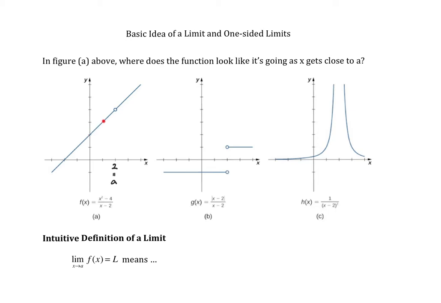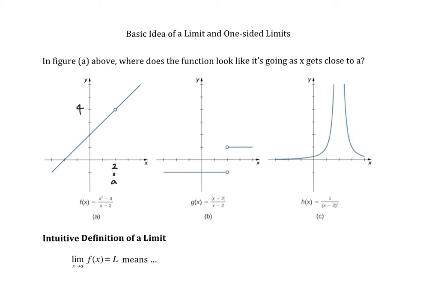This looks like a line with a hole in it. To me, it looks like the function is going to whatever this y value is, which looks like it's 4. So I would say that it looks like this graph is going to 4.